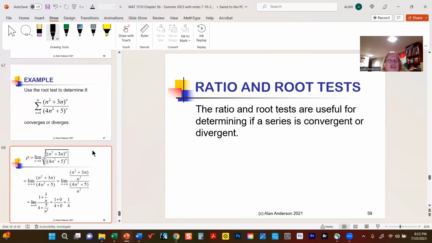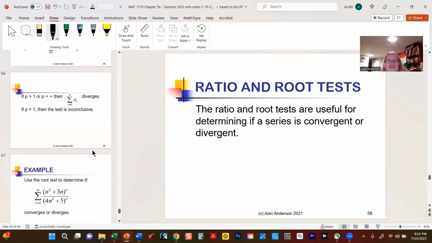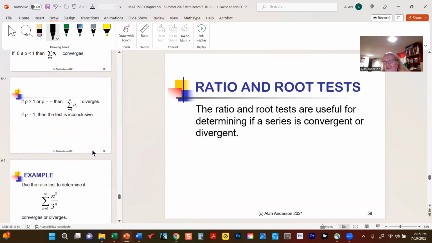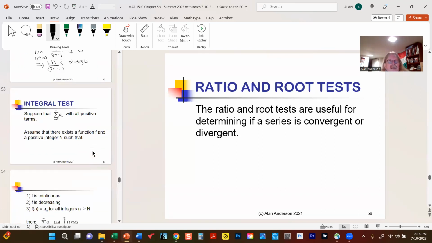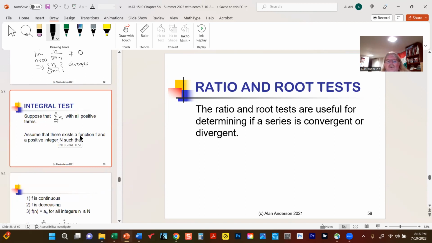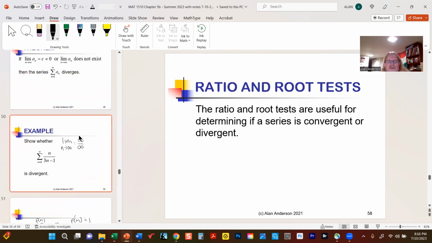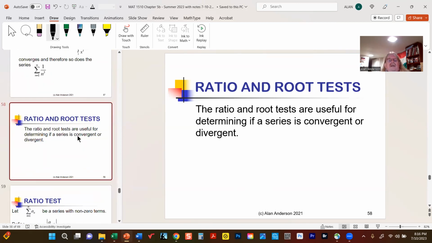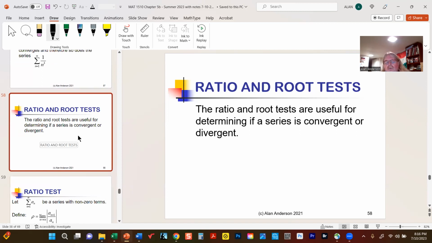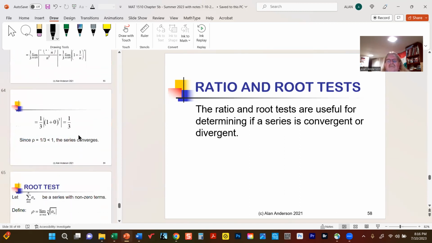In other words, it's not the case that one of these tests is absolutely and always the best. So there must be times when one of these is the best choice. Maybe sometimes the integral test works best. Sometimes maybe the ratio test works the best. And there are times when, on the other hand, we are required to use one of these, well, we won't see that until chapter 6.